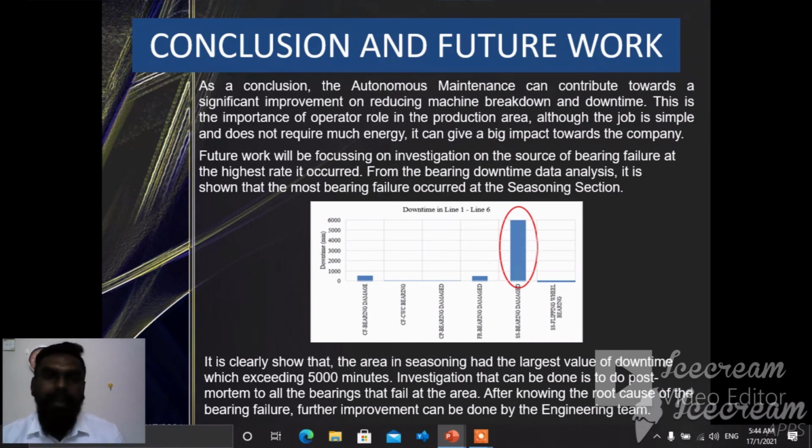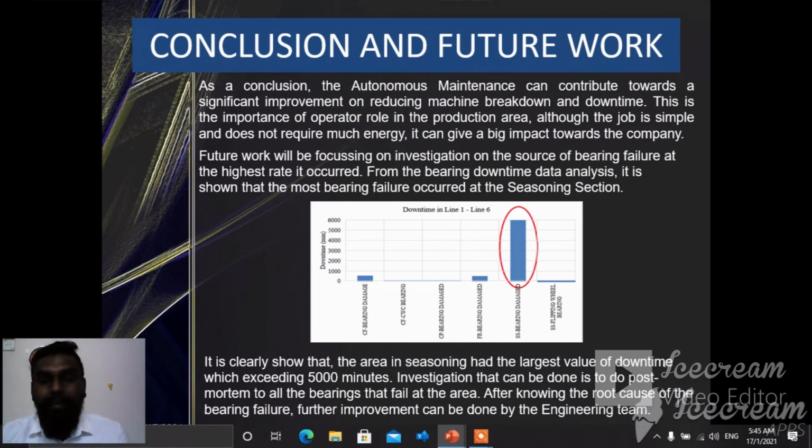Future work will be focusing on investigation of the source of bearing failure at the highest rate it occurred. From the bearing downtime data analysis, it is shown that most bearing failures occurred at the seasoning section. As I said just now, the downtime of the bearing failure in seasoning is really high, clearly exceeding 5000 minutes.